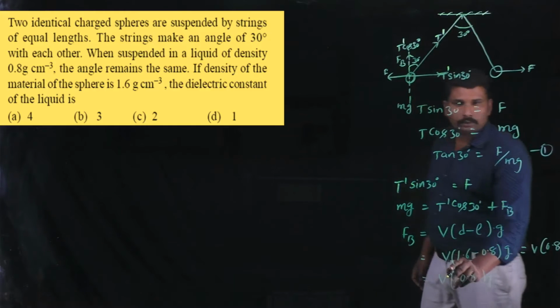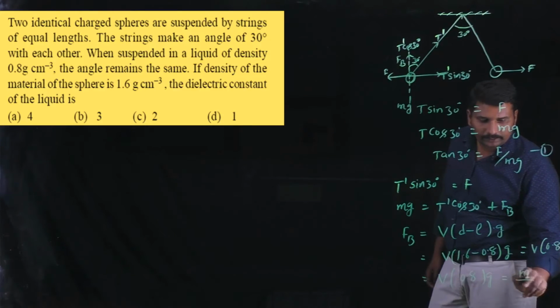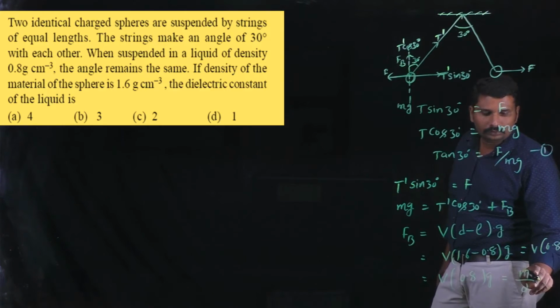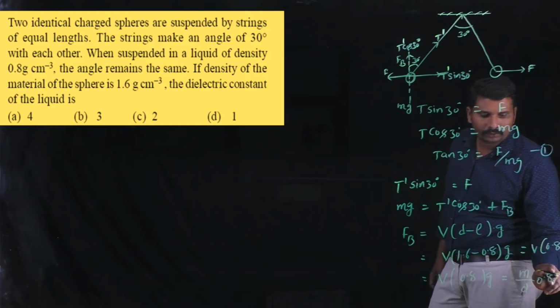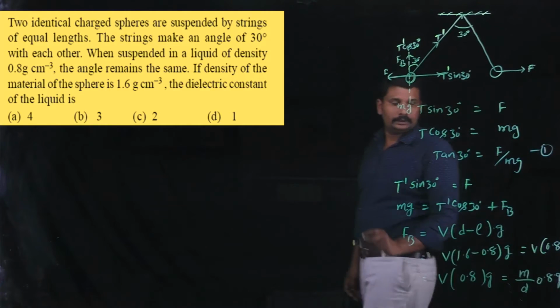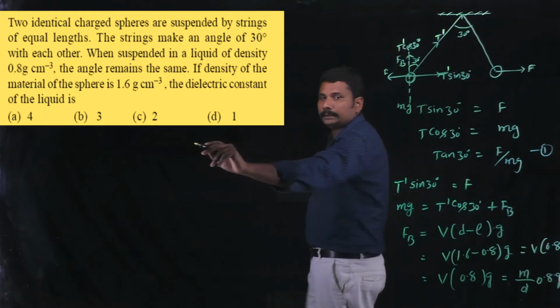This volume can be written as mass by density of the material, into 0.8 into g.